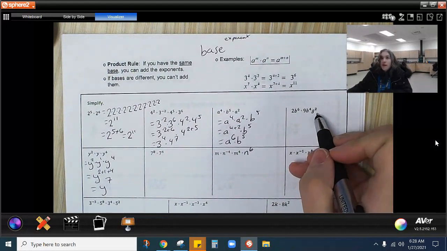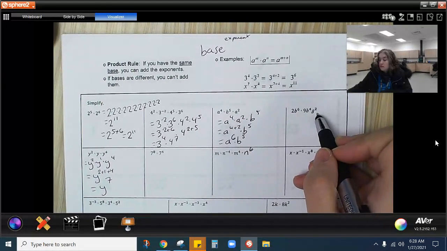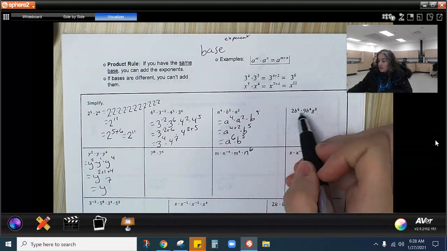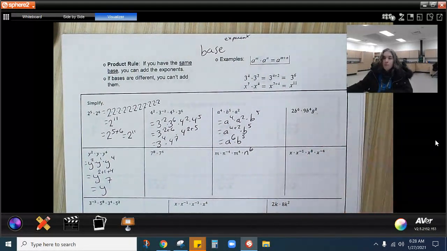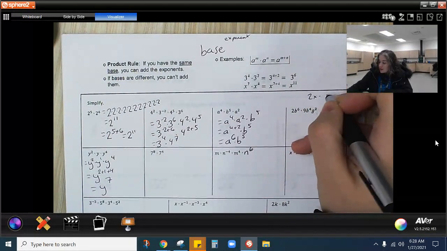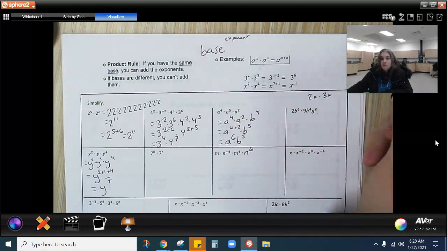All right, let's do this one next. You'll notice that these b's have coefficients. When we have coefficients, you guys know what to do with coefficients, like if you had 2x times 3x, right? We multiply our coefficients together, and then we figure out the exponents.